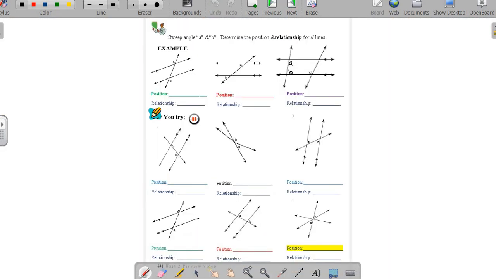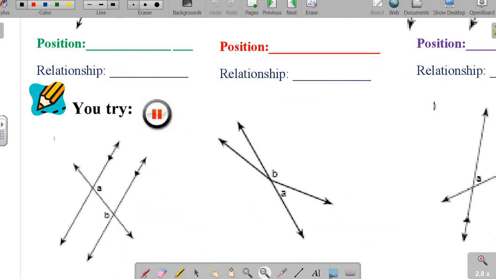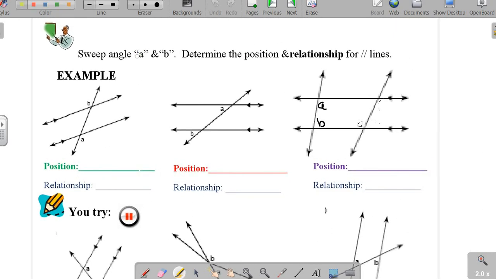All right, this is your last page. Let me show you what we want here. I'll give you an example. You're going to sweep angles A and B. You're going to determine both their position and their relationship when you have parallel lines. Let me give you an example. Sweep A and B. Now, A and B are on opposite sides of the stir stick outside of the lines.